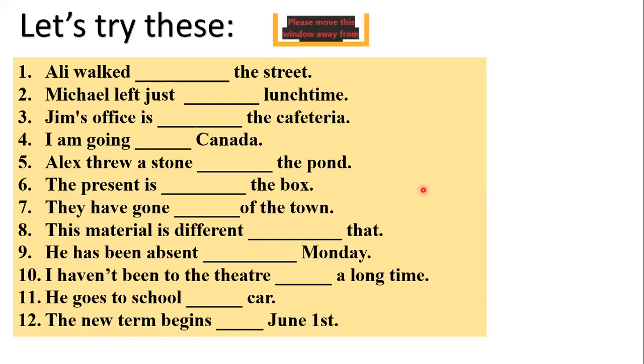Eleventh: He goes to school dash car. In car. Okay, that is correct. And the 12th one: The new term begins dash June 1st. On. Okay, this is correct. The new term begins on June 1st.